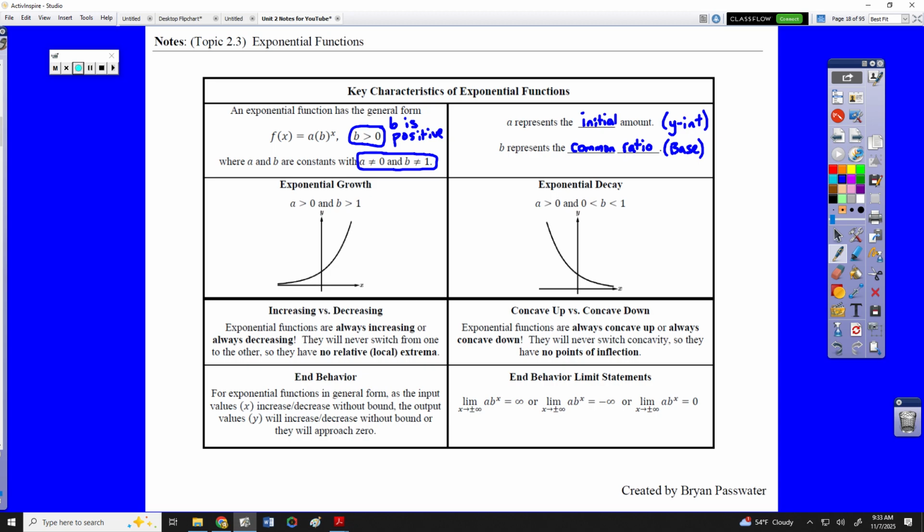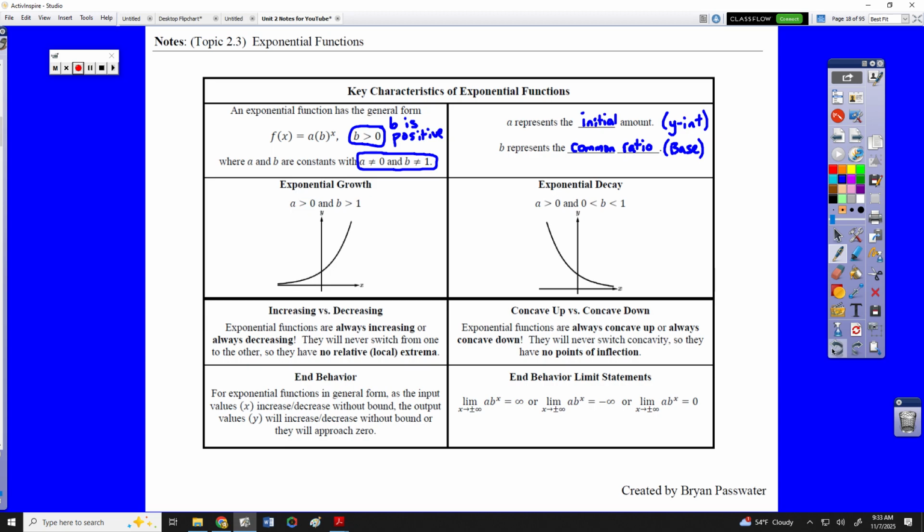Now, in the real world, we see two types of exponential functions, exponential growth and exponential decay. Those are shown in the graphics there. Exponential growth occurs when a is greater than 0 and b is greater than 1. And exponential decay is when a is still greater than 0, a is positive, and b is between 0 and 1. So in real world situations, again, we're looking at a is greater than 0.